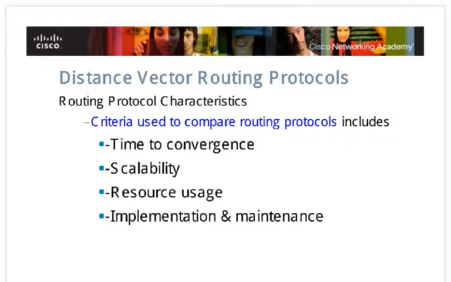As we said before, convergence is a state of consistent information in all the routing tables of all the routers, such that any route update will not introduce any new information to what is already in the routing tables. So the first criterion is what we call the time to convergence. The second one is scalability.